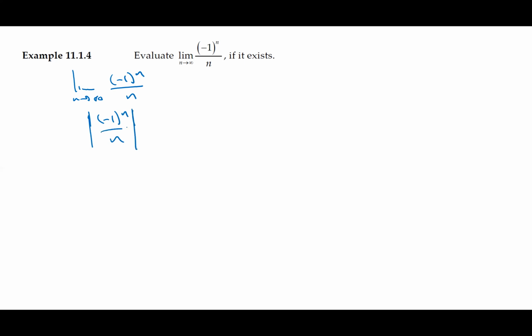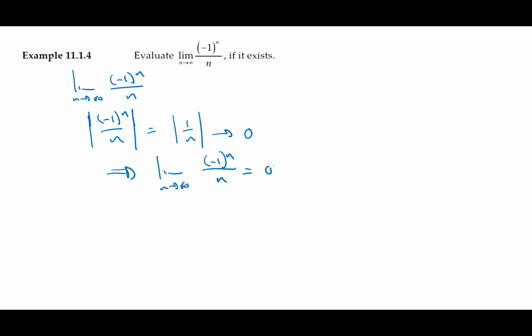Isn't this just 1 over n? And that converges to 0. And so since the absolute value of the sequence converges to 0, we know that the whole thing converges to 0.